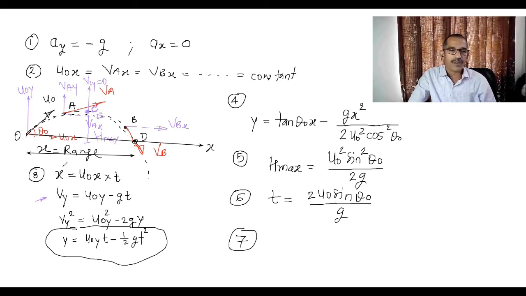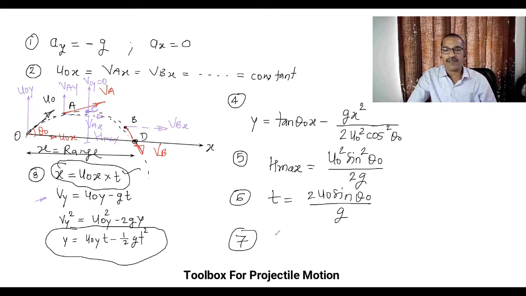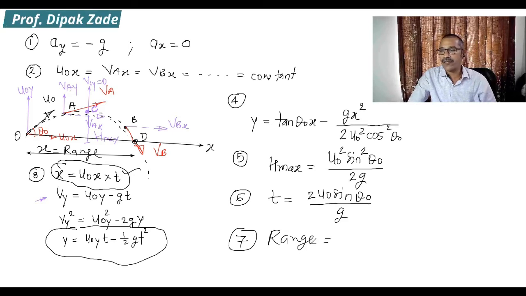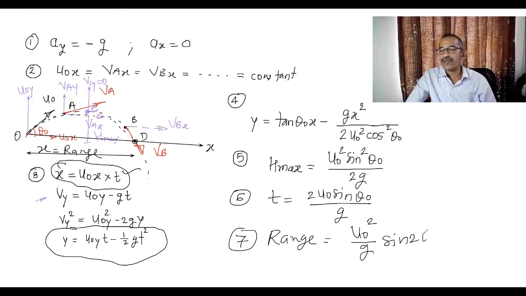Now you know this x equation. If you know this time t and u0x is u0 cos of theta 0, then the x we get is nothing but the range. If we derive this formula, the range comes out to be u0 square upon g sine of 2 theta 0. Okay. Now specially for this problem, what is important?